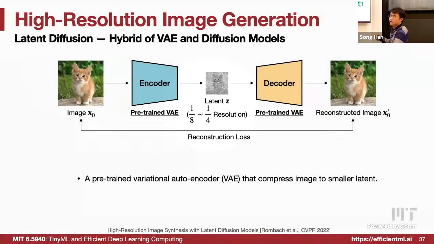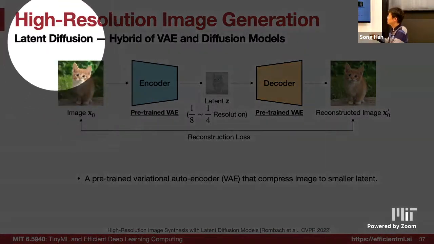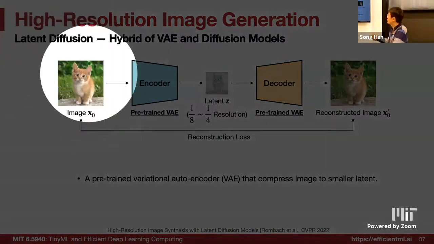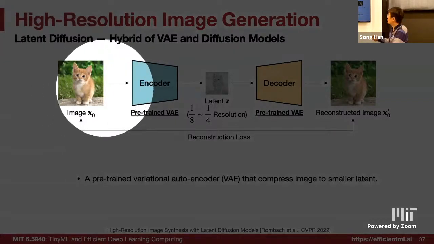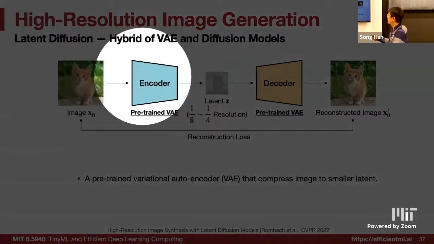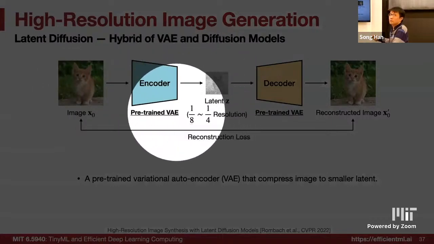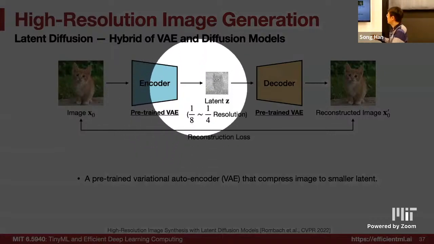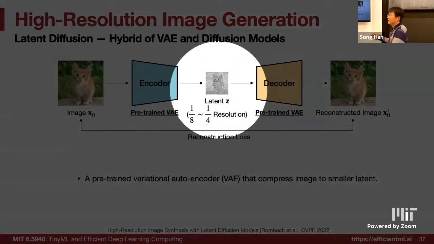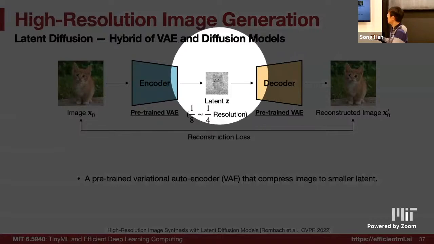Actually, that is a very widely used technique these days, called latent diffusion. Okay? Rather than directly do diffusion on the high resolution image, we first pass it through an encoder to downsample it by 4 times, 8 times, even 64 times, as in our recent work called deep compression autoencoder. So we have a much smaller latent space, and you do diffusion in this smaller space, which is much easier and much faster.